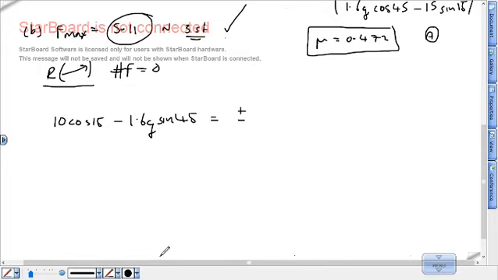So calculator out. Okay, hope that makes sense. 10 cos 15, take away open brackets 1.6 times 9.8 times sin 45, close brackets, equals, and I get an answer of, it is actually negative 1.43 newtons, rounded to 3 sig fig.